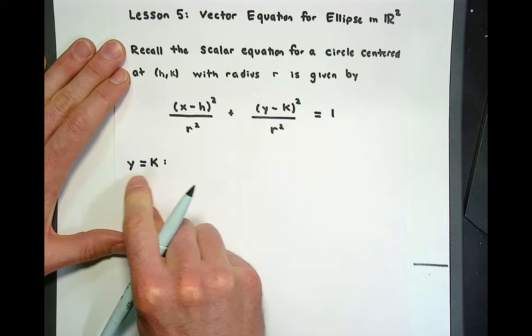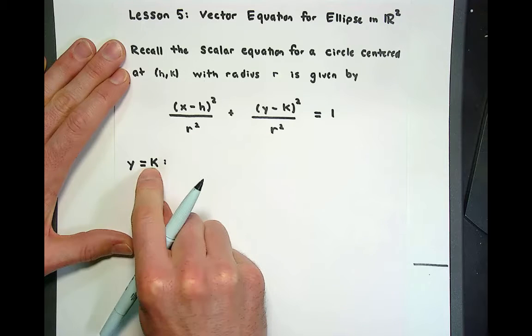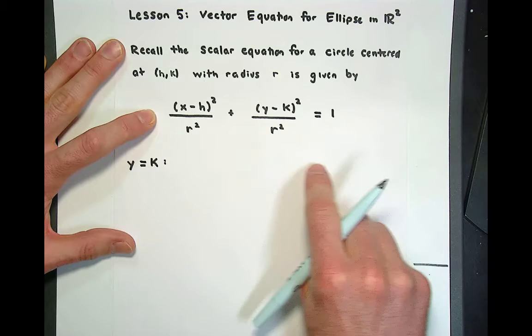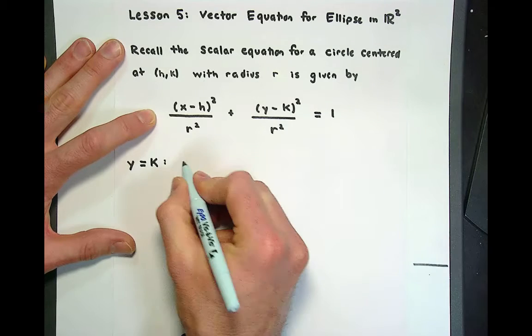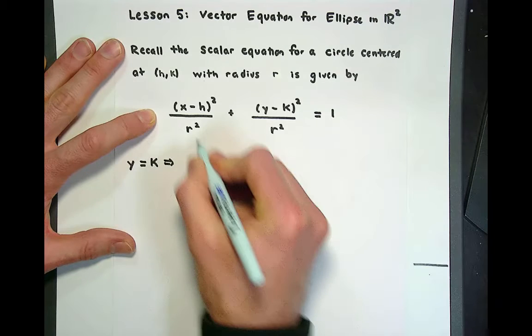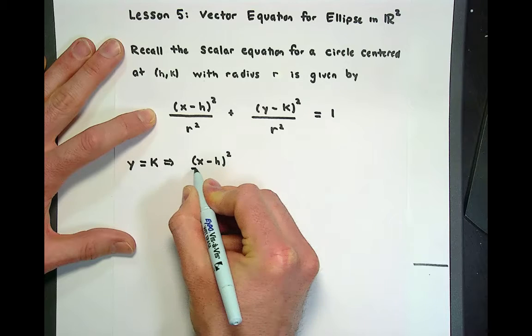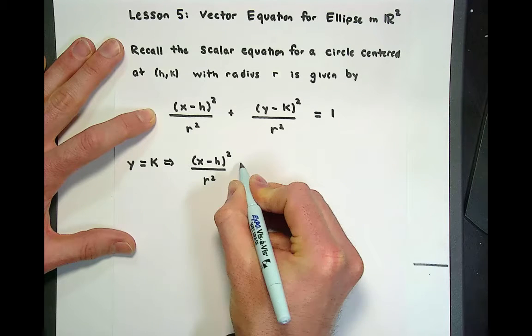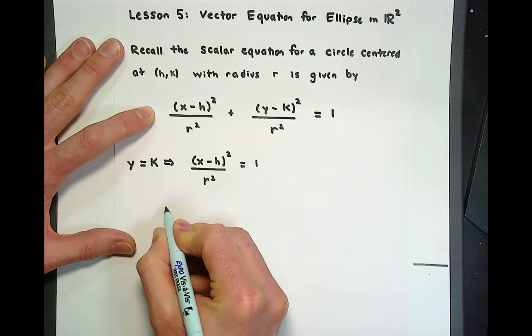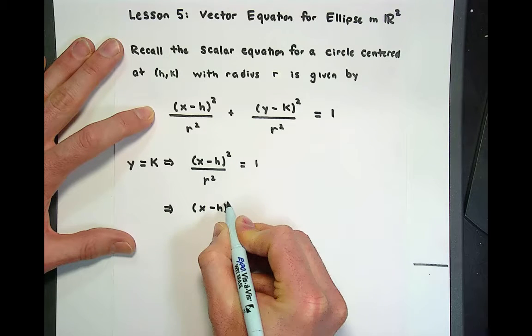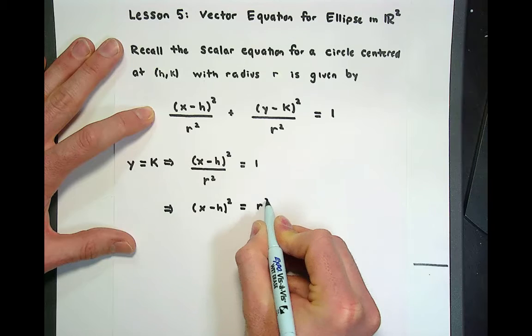So suppose that I'm at the y equals k line. So that's a horizontal line along the center. This would immediately imply that my equation is given by (x minus h) squared divided by r squared on the left-hand side and 1 on the right-hand side. And this would mean that the distance from x to h is exactly r.